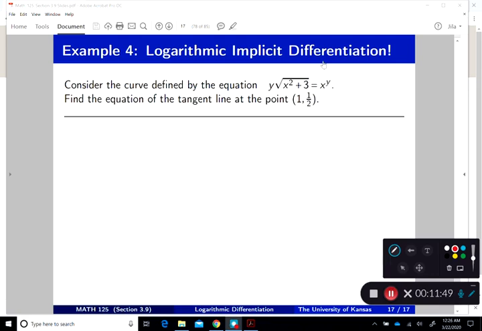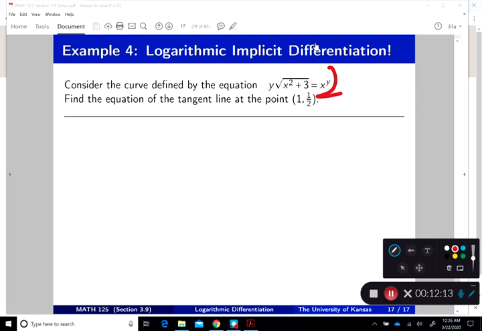Why? Because it's an implicit function. Y is an implicit function of x, and then I also have this part that is x to the power y, making it a logarithmic differentiation. We're trying to find the equation of the tangent line at the point 1 and 1/2.